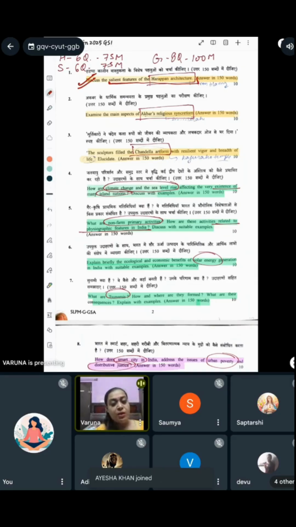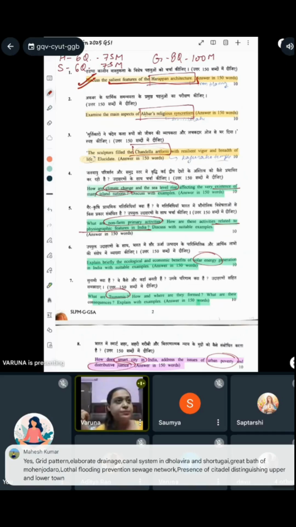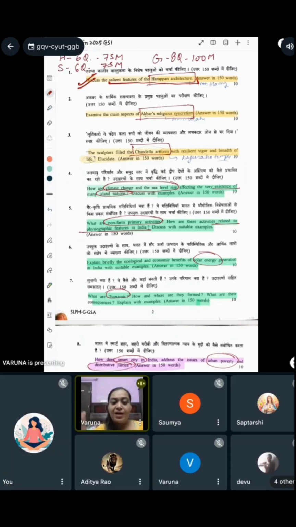So we have to deal with the town planning, the kind of infrastructure, the kind of buildings and everything. Yes, Mahesh, you are right. The grid pattern, what all buildings are there, what sort of distribution is there, overall, all the town planning related features we had to mention, right?